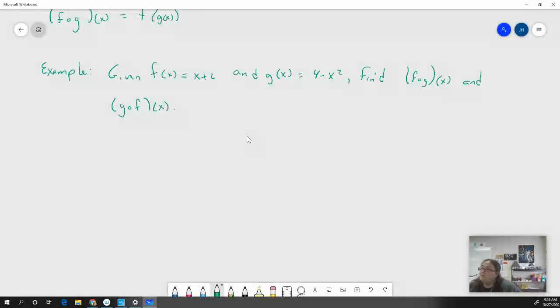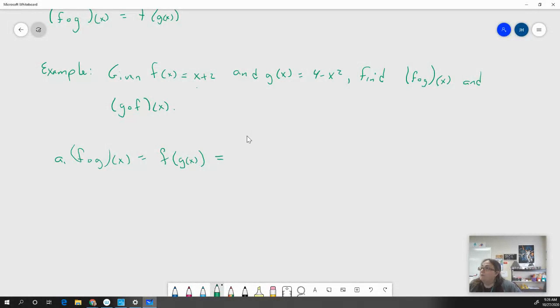To find, let's do A, f of g of x. That's saying that we are going to take f, and for our input, we're going to put in g of x. What does that mean? Well, right now we know f of x is x plus 2.